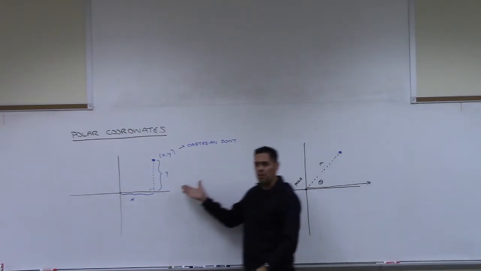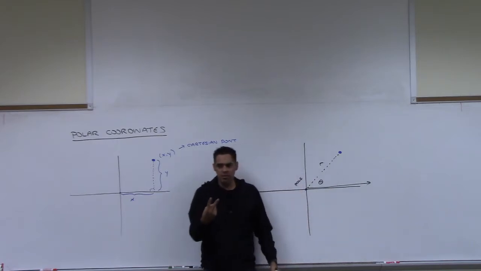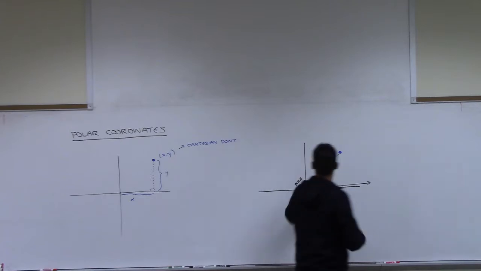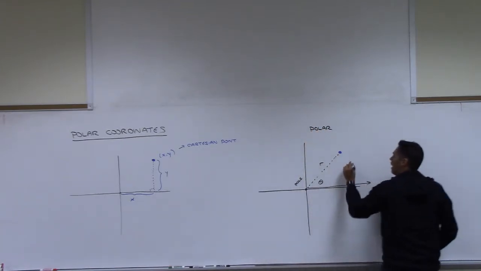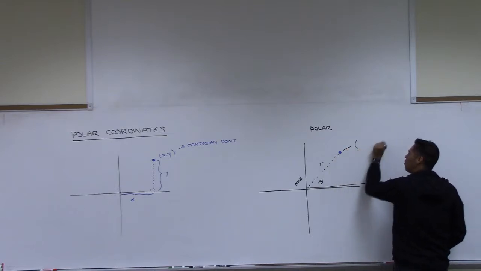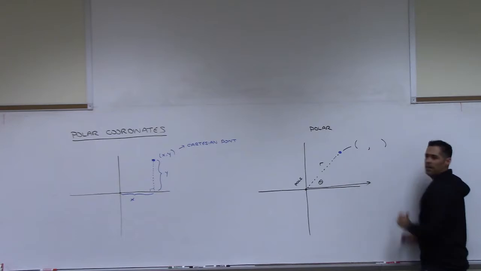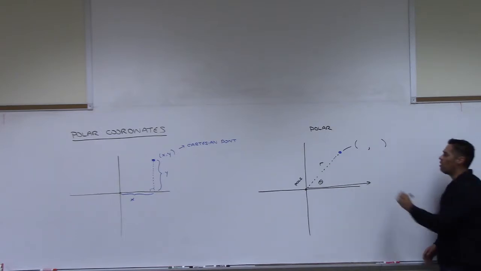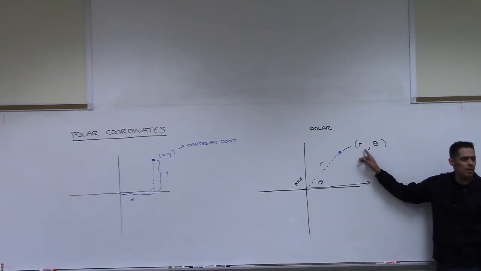Whether I look at it this way, Cartesian, or this way, polar, I still need two pieces of information to get there. Yes? Okay, so this system right here is our polar system, and this point right here is still an ordered pair, but it's not x, y anymore. It's always r, theta. The first number is the radius, how far you walk out.